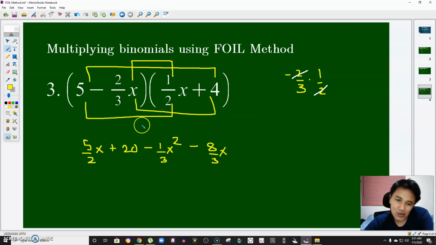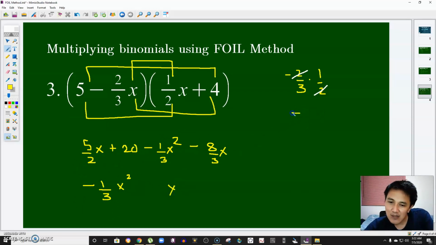Then to write the final product, normally in standard form, the exponents are arranged in descending order, right? The degree. So that is negative 1/3 x squared. Then combine like terms. So what's the coefficient of x?